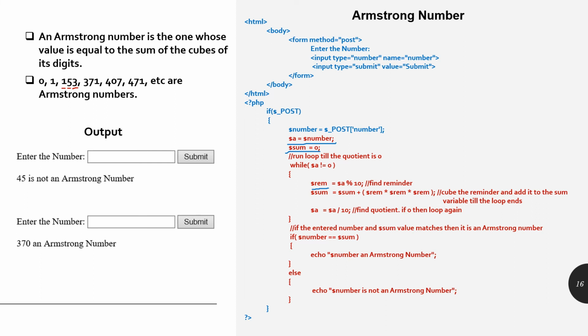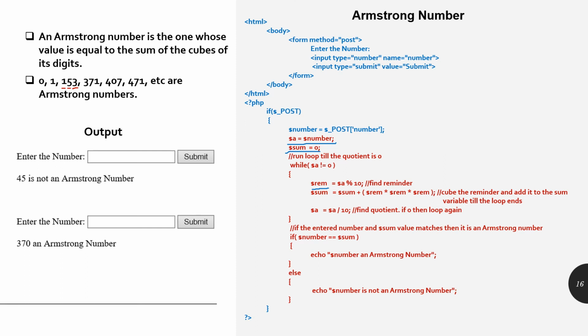First thing is sum plus that cube, that is 3 cubed we will take. That will be saved here. Next, this 3 we have already taken.